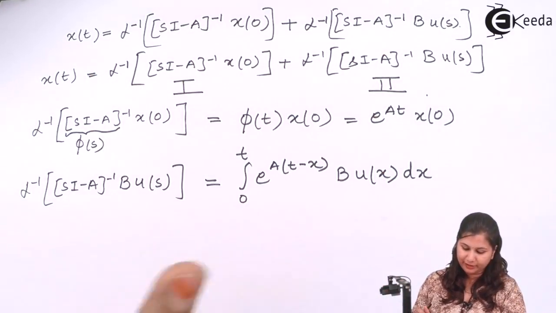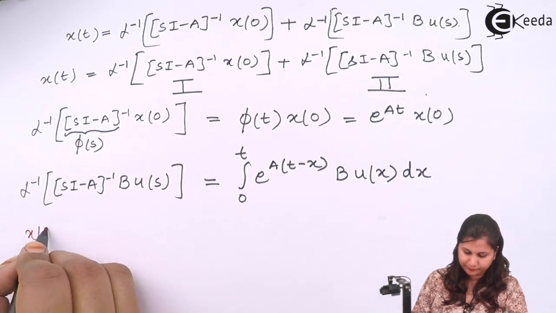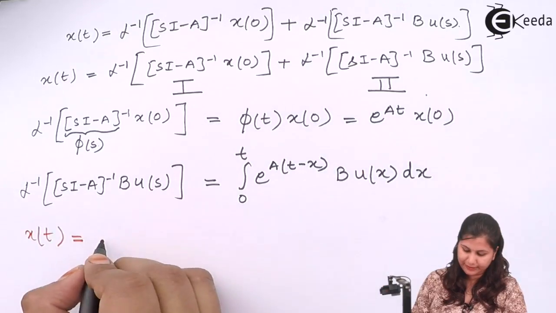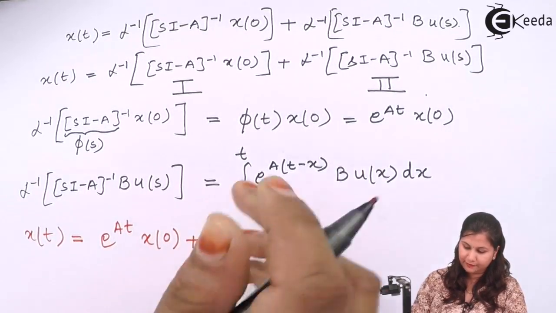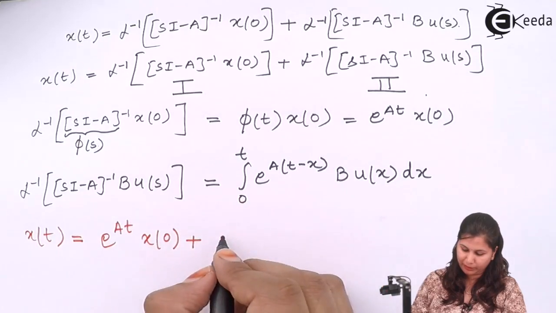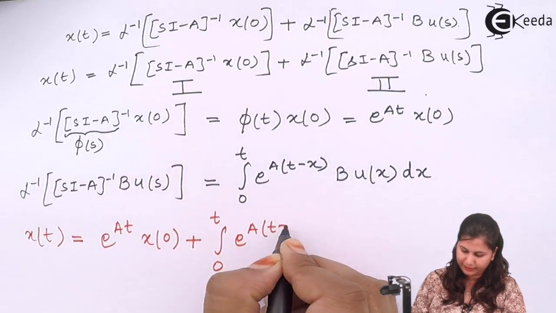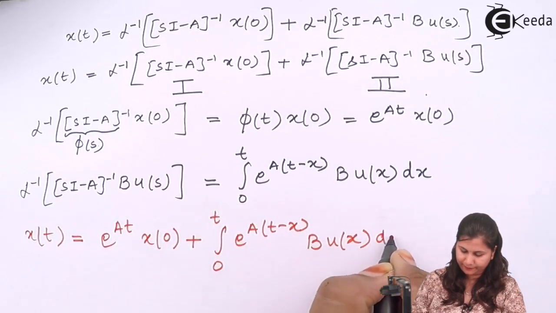So our complete solution will become, this is x(t), then the inverse Laplace transform of the first part is e raised to the power At x(0) plus the inverse Laplace transform of the second part is integral from 0 to t of e raised to the power A(t minus tau) Bu(tau) d tau.